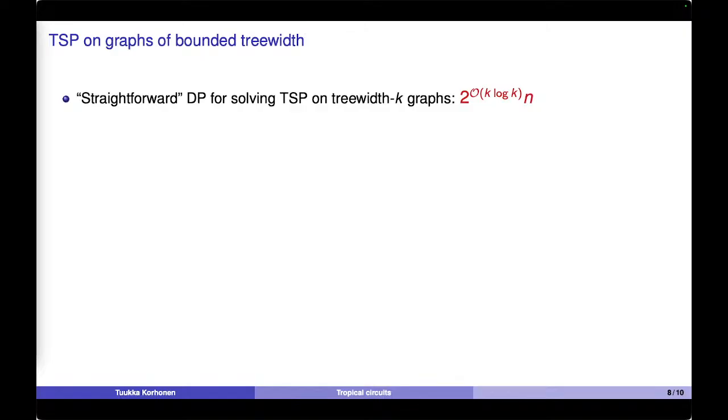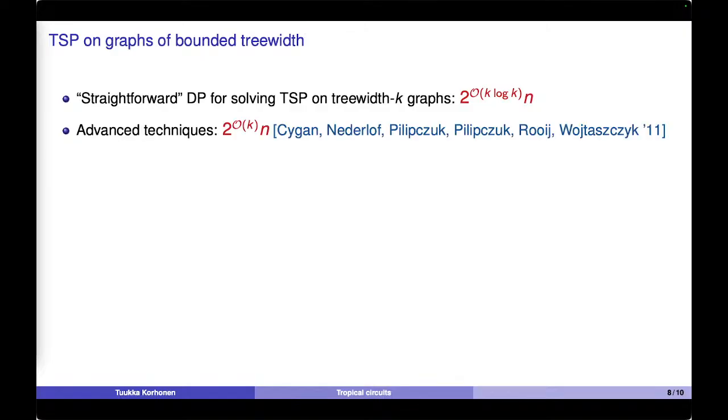This is also related to tree width. It is about TSP on graphs of bounded tree width. Again, we first have a graph and then we can design the circuit. The simple dynamic programming algorithm for solving TSP on tree width k graphs builds a circuit of size exponential in the tree width k, so exponential in k log k.